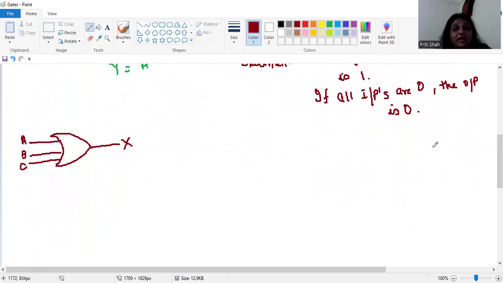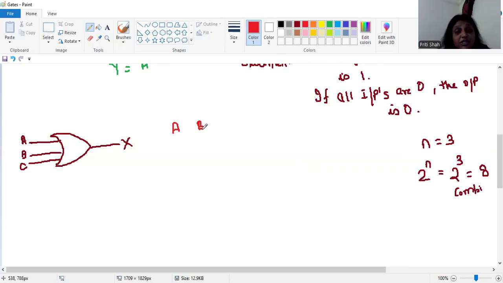Here n is 3, which is the number of inputs. And our formula says 2 raised to n combinations are possible. So 2 raised to 3 is 2 twos are 4, 2 fours are 8. 8 combinations are there.